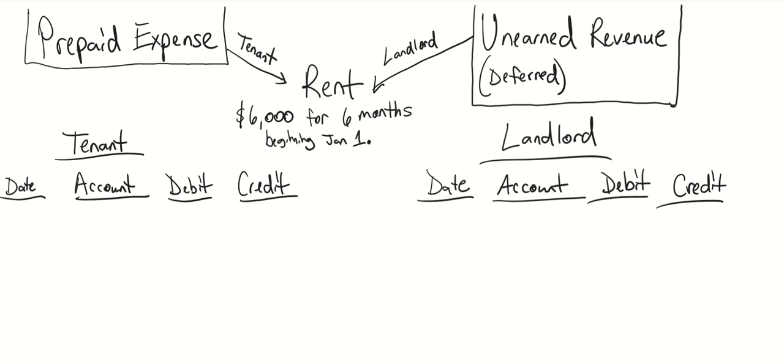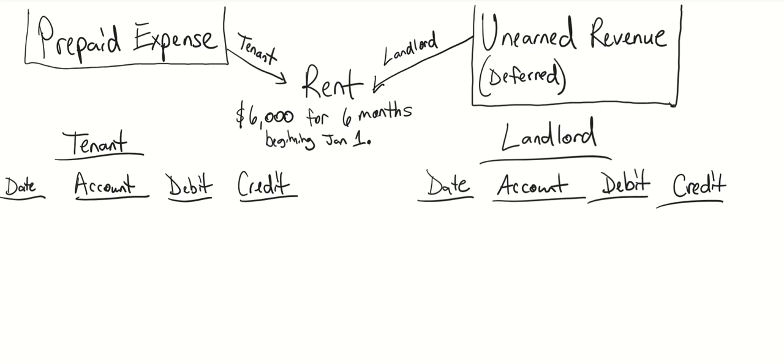But the reason why I'm bringing prepaid expense into this unearned revenue example is because you will be able to see how the accounting is done on the tenant side, where the person is actually paying the cash, and then also how the accounting is done on the landlord side as well. You'll see pretty much how the accounting works for both parties because they're doing business with each other.